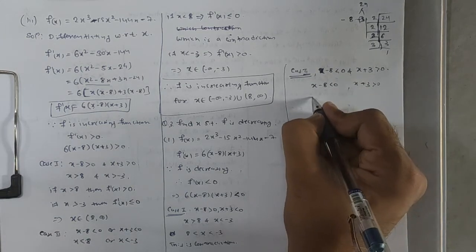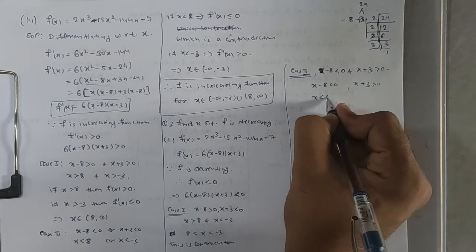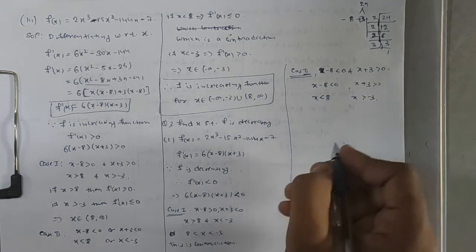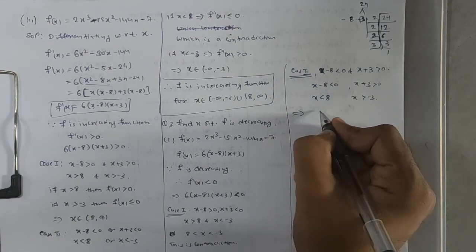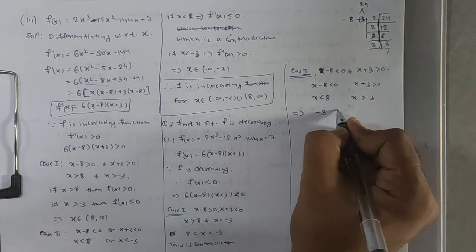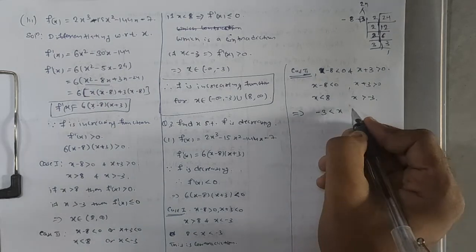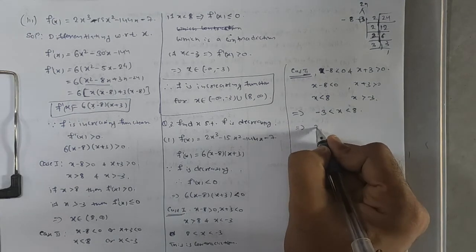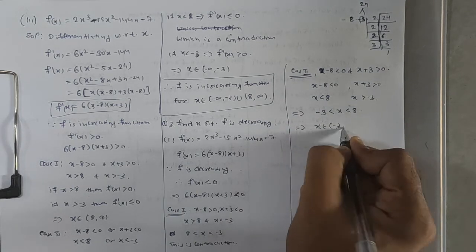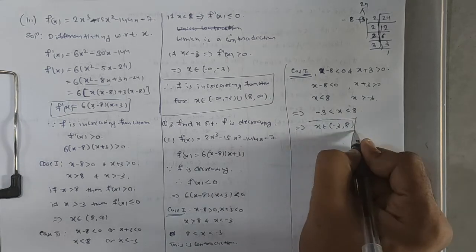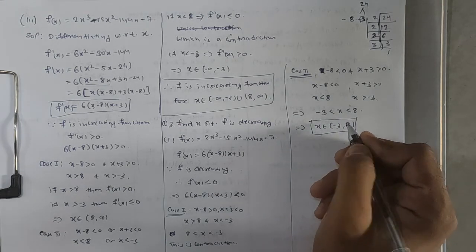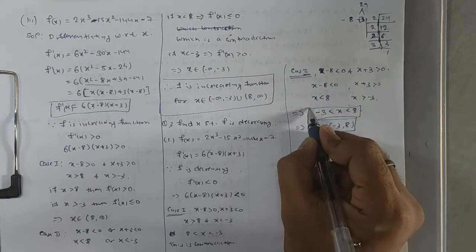It implies x is less than 8 and x is greater than minus 3. So this is possible. This implies x is greater than minus 3 and x is less than 8. Therefore x belongs to minus 3 comma 8. This is our value. The value of x will lie in the interval minus 3 comma 8. Both the answers are correct.